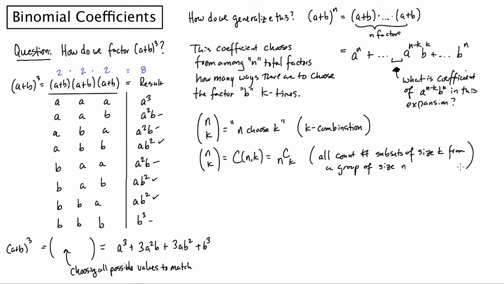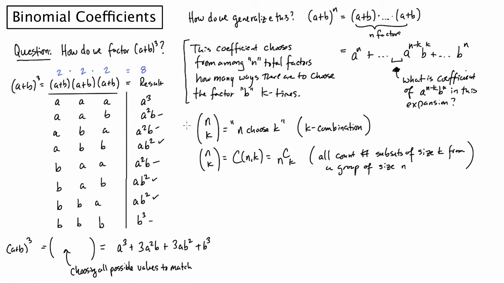So from this standpoint, it's basically looking at how many subsets of the set of choices of factors here have k b's chosen from them. So it's looking at all subsets of size k from a group of size n, or if you want to think of it the way the coefficient works, it's choosing from among n total options how many of them occur k times.